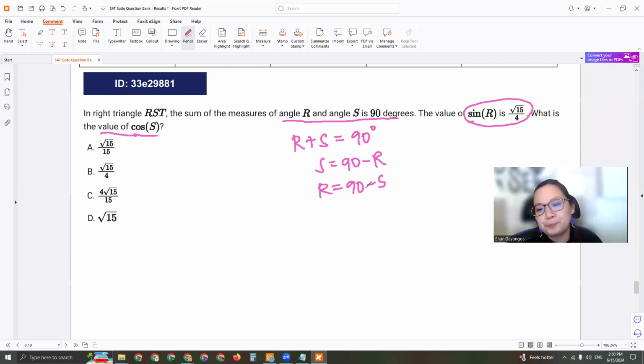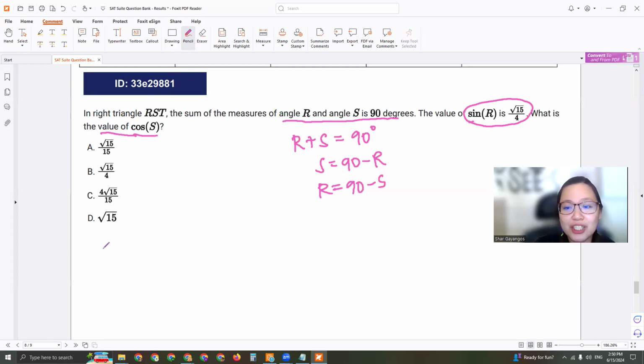Okay, meaning they're complementary. So there's an interesting property with sine and cosine, and I really recommend knowing this by heart before the SAT, because most of the trig questions fall down to this co-function property.